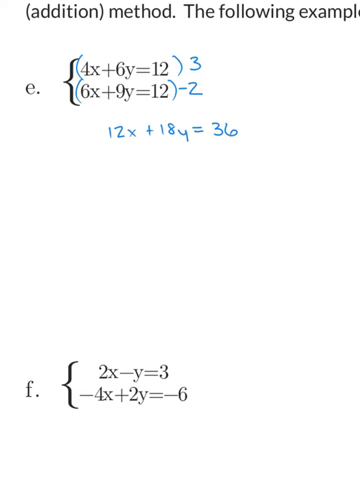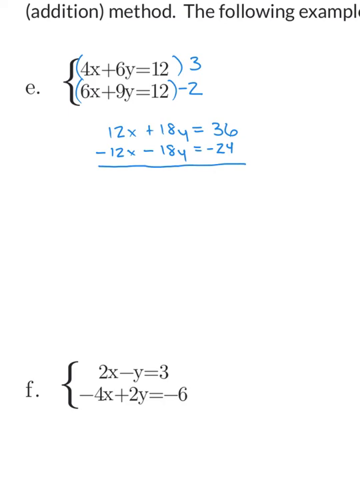For my second equation, if I multiply by negative 2, I get negative 2 times 6x is negative 12x. Negative 2 times 9y is minus 18y. And negative 2 times 12 is negative 24.